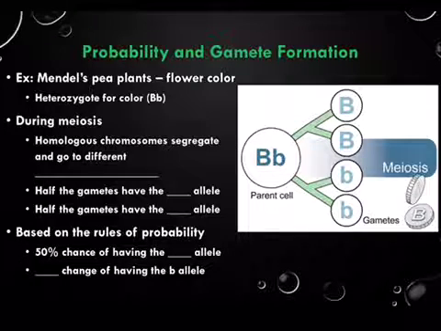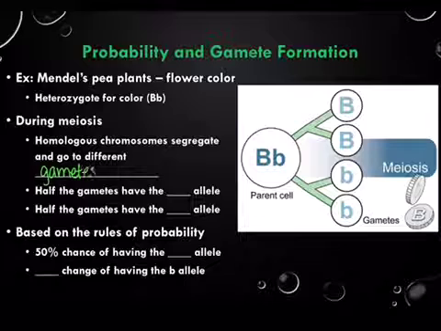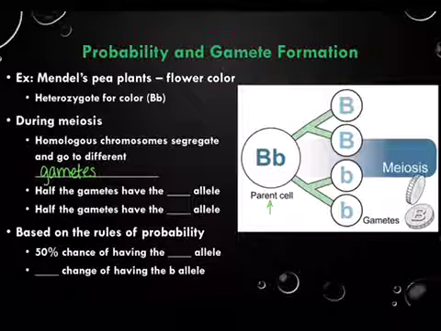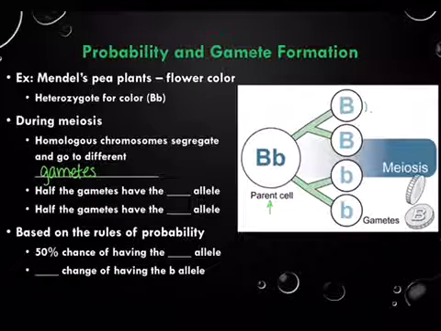During meiosis, those homologous chromosomes line up during metaphase, and then they get separated during anaphase and go to different gametes. That's what we're showing here. We have that parent cell, and since we end up with 4 cells at the end of meiosis, 2 of them will have the big B, and 2 of them will have the little b.